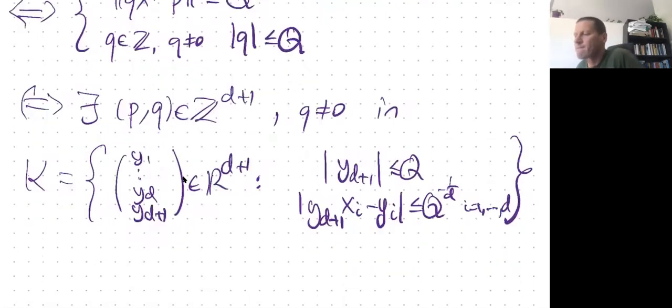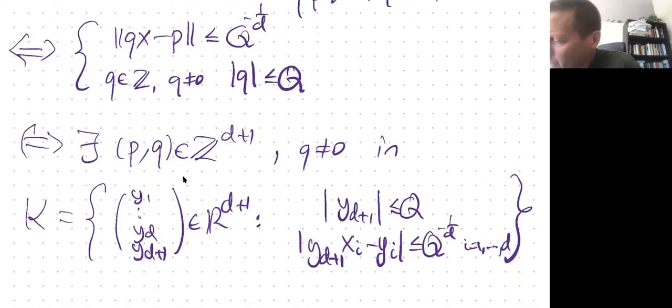Okay, these two things are exactly the same, right? This is a sup norm. So if we want this condition to hold for the vector y_1 up to y_(d+1) being equal to this vector (p, q), then the first condition means exactly this.